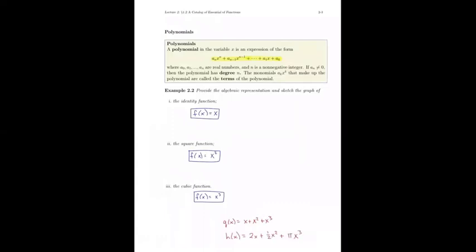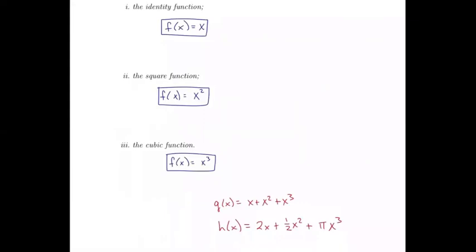Still a polynomial because our powers are still positive integers, right? And our coefficients are real numbers. 2 is a real number, 1/2 is a real number, and pi is a real number, even though they're an integer, a rational number, and an irrational number, in order.